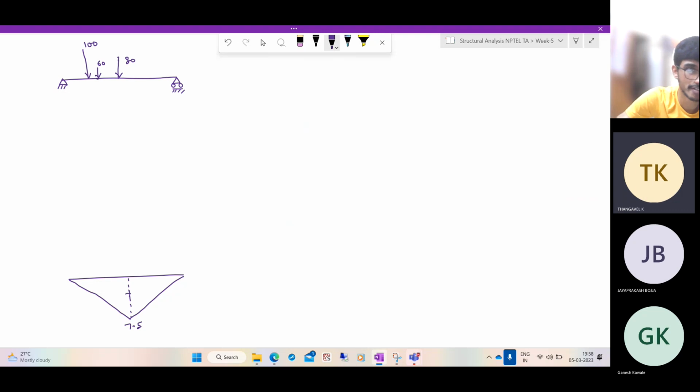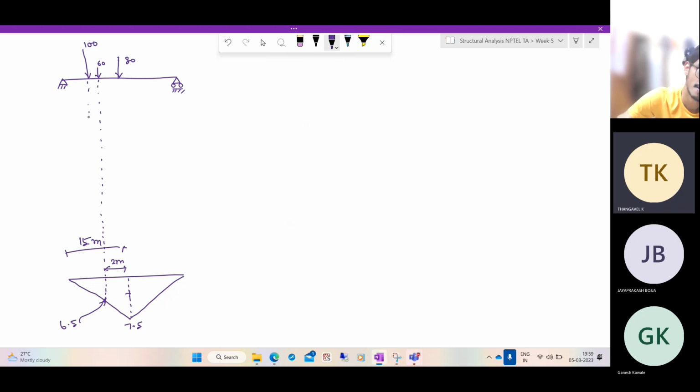So corresponding to the 60, that comes here. This is 2 meters. So what is the value here? This is 15 meters. In 15 meters, it is rising by 7.5. So in 2 meters, it will drop by 1. So here the value is 6.5.